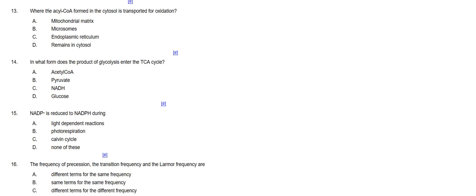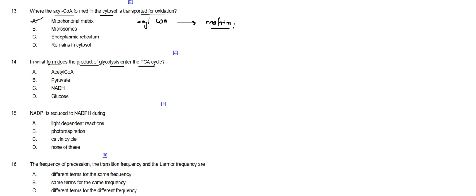Next is where the acyl CoA formed in the cytosol is transported for oxidation. So this acyl CoA is transported to mitochondrial matrix for oxidation because this is the region where oxidation will take place. In what form does the product of glycolysis enter the TCA cycle?